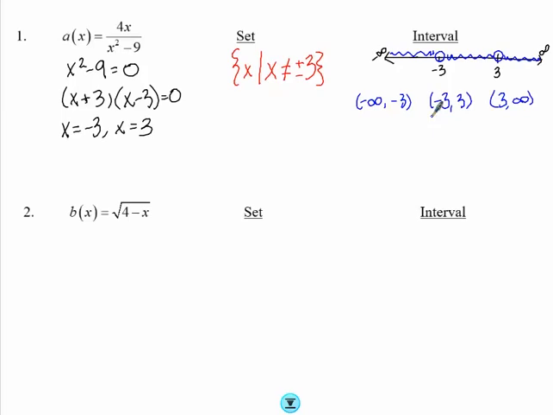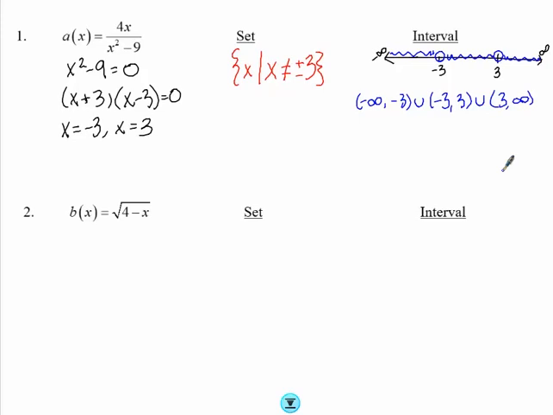We'll see another example in a few minutes where you are including the endpoints, and we'll talk about that situation in a minute. The final thing you have to do is include these union symbols. So you would read this as negative infinity to negative 3, union, negative 3 to 3, union, 3 to infinity. The union symbols mean you are including everything that occurs in all of those intervals.